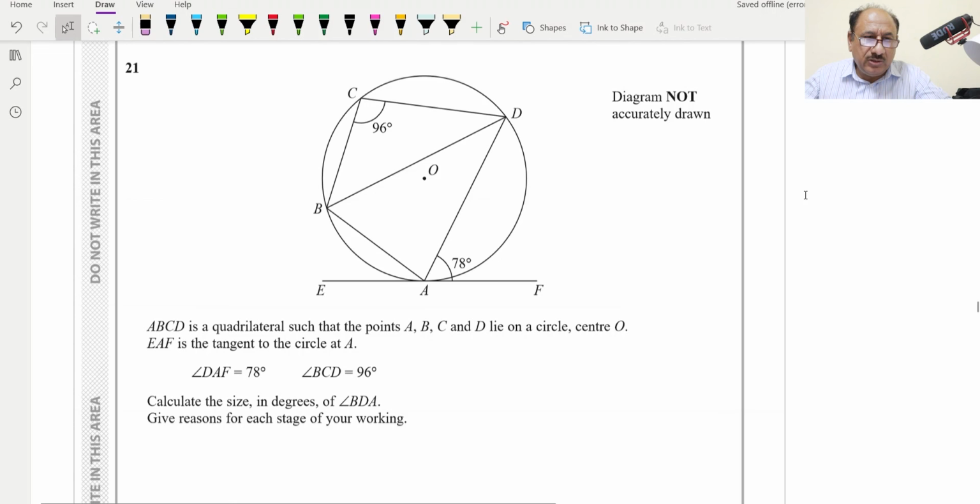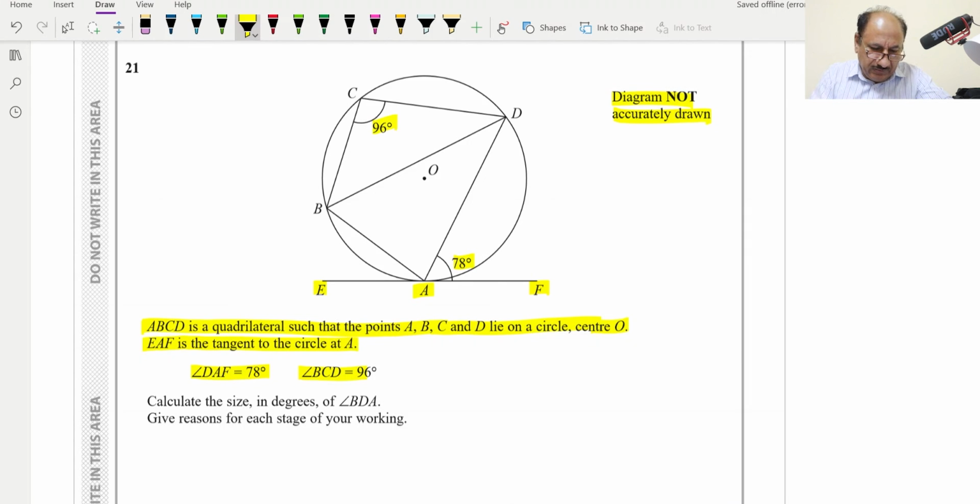Now question number 21. A diagram is provided which is not accurately drawn. ABCD is a quadrilateral such that points A, B, C, D lie on a circle with center O, so it is a cyclic quadrilateral. EAF is the tangent to the circle at A. DAF is 78, so this is 78, and BCD is 96.